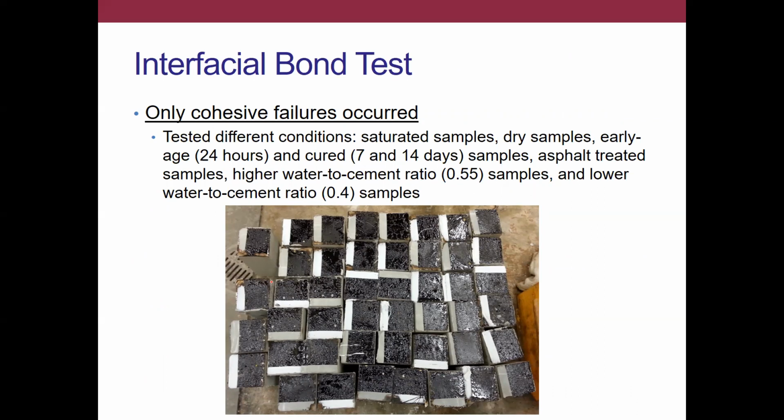When we ran this 3-point bend test, we also added a notch, so we would attempt to force the crack to propagate through the interface. All of our tests only failed in asphalt cohesion. We could not get an asphalt adhesion failure. Again, that completely supports the previous finding from the surface energy characteristics calculations.